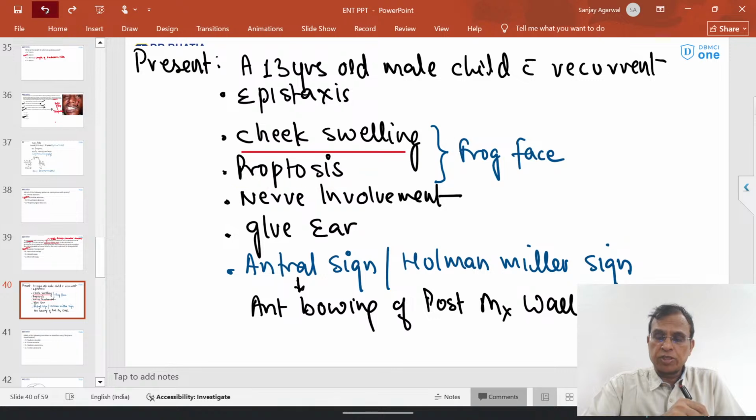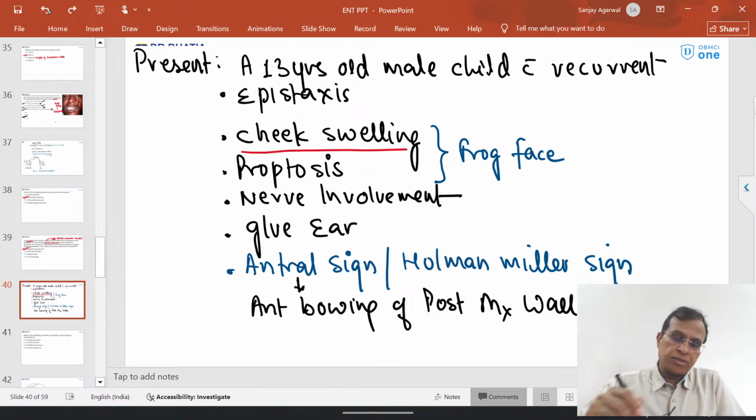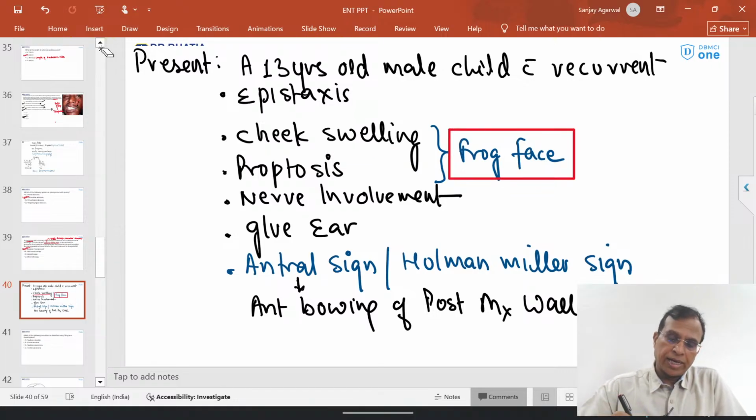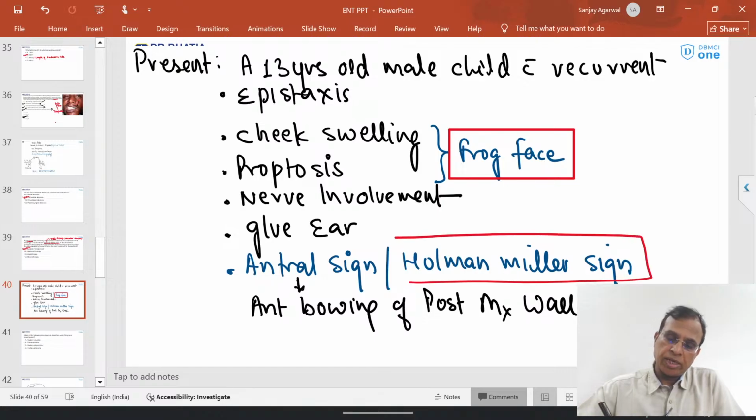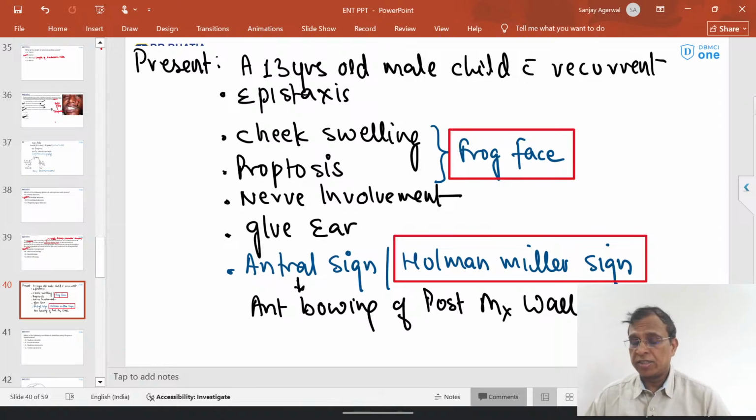Which are the two signs possible? One is called frog face and the other is called antral sign. Antral sign को Hallman-Miller sign भी बोलते हैं. So this was also given in the book. Hallman-Miller sign is given in the choices. So from here we know it is angiofibroma surgery.